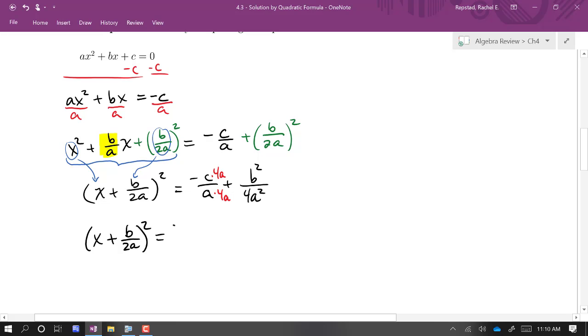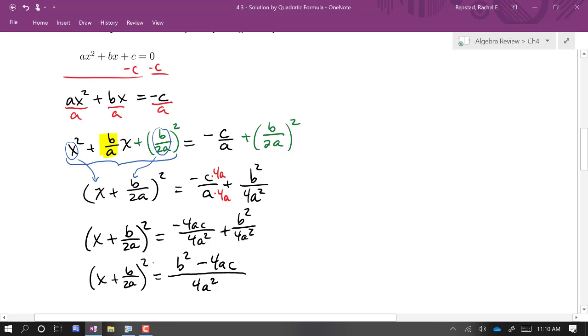So what we have is negative 4ac over 4a squared plus b squared over 4a squared. I'm going to write that as a single fraction, and I'm going to put the positive term first. So I have b squared minus 4ac. So now we know what the square of x plus b over 2a is.